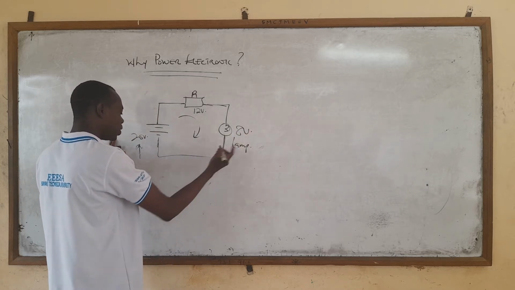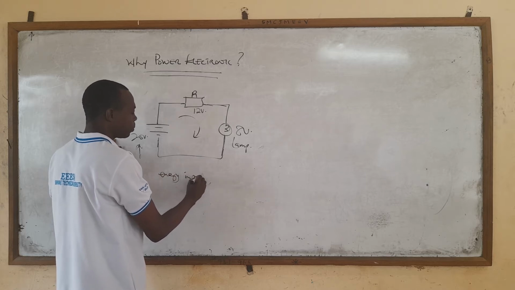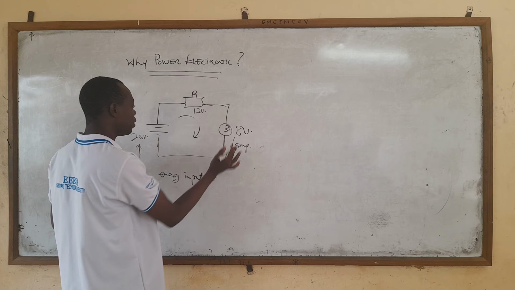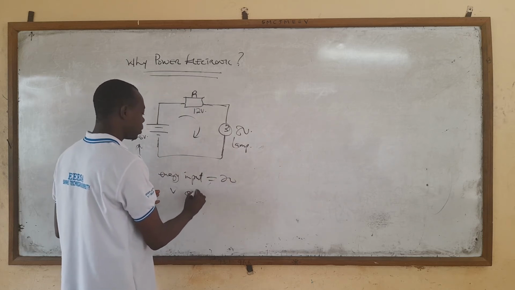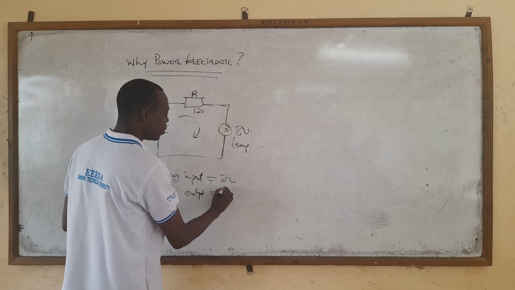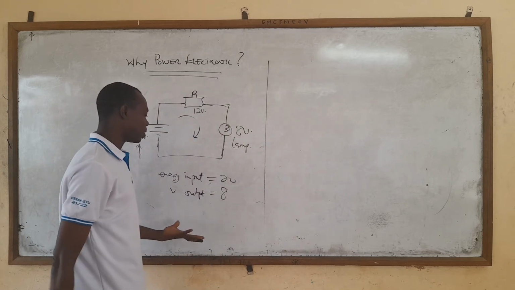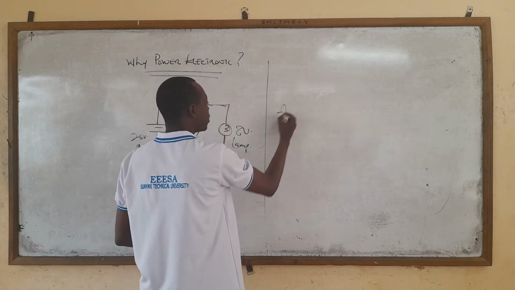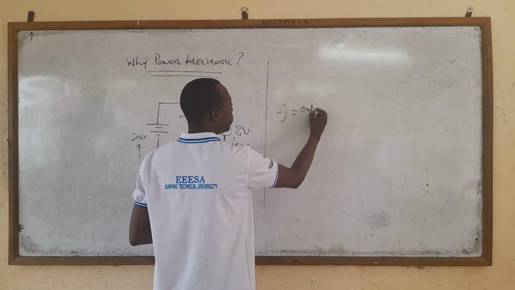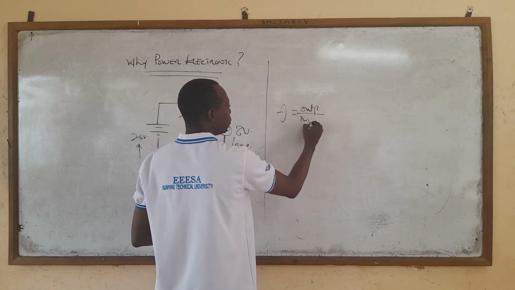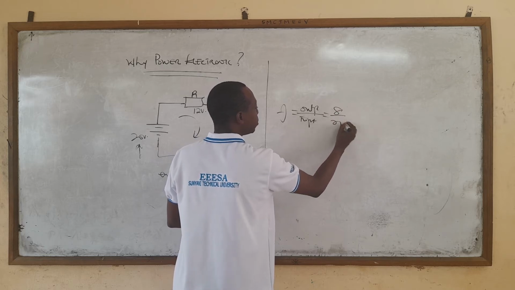So our energy input, with reference to these voltages, is maybe 20. Then our energy output will be maybe 8. So per simple scientific calculation, the efficiency of this whole design will be given by the output over the input. So we have 8 divided by 20.